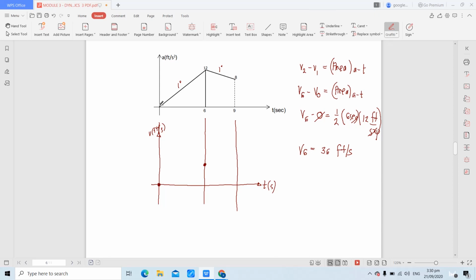I-base natin ulit dito. Starting point is 0. Final point is 12. Nag-start tayo kay 0, nag-start tayo kay minimum point. Dahil mas maliit yung 0 kay 12. No? Since nag-start tayo kay minimum point, dapat ang ma-generate nating curve dito ay minimum curve. Minimum point, minimum curve. Pag maximum point, maximum curve.